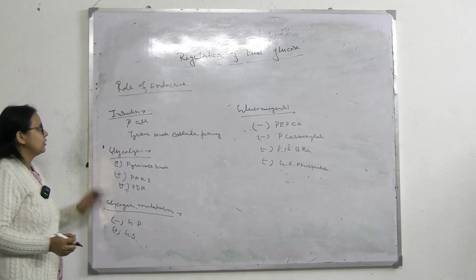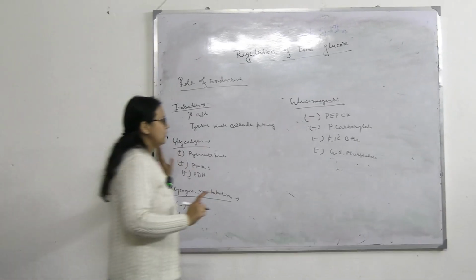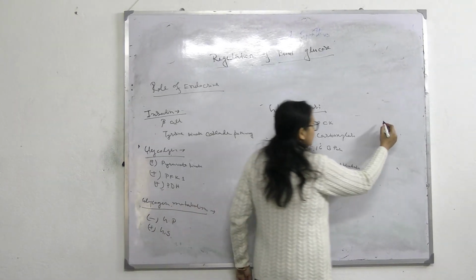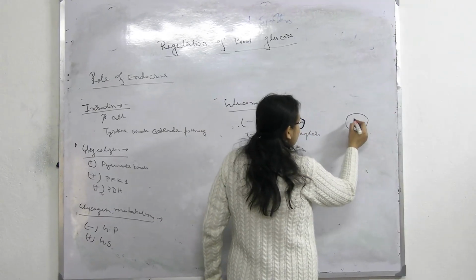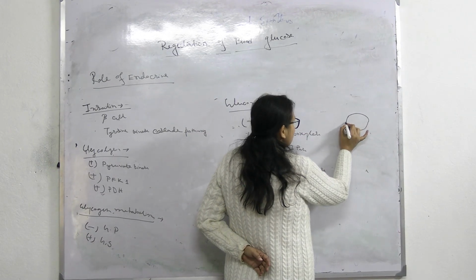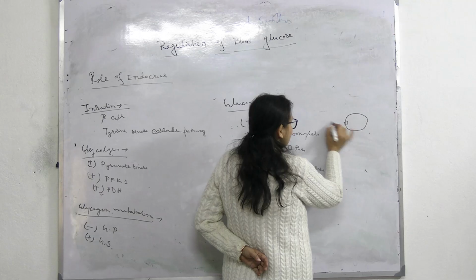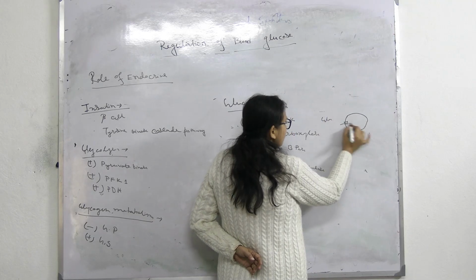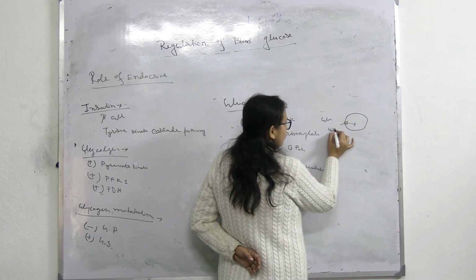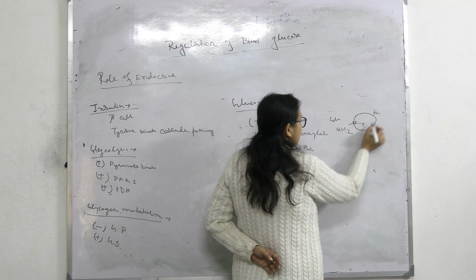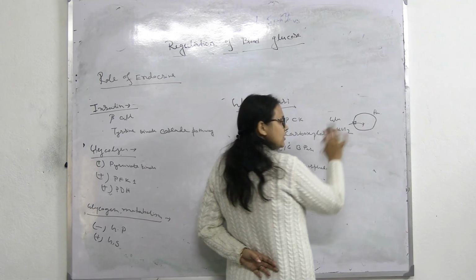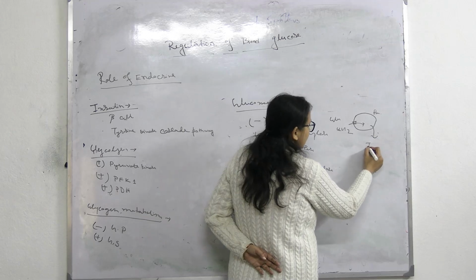Among the actions of insulin, what happens? This is the pancreatic cell. If there is glucose, glucose will enter via the GLUT2 receptor into the pancreas, and it will send a signal and insulin is secreted.